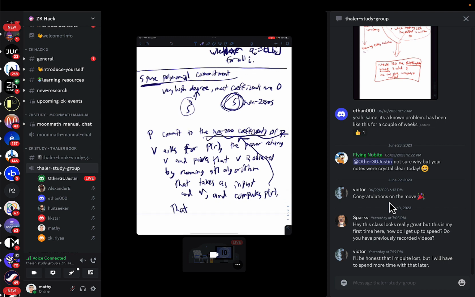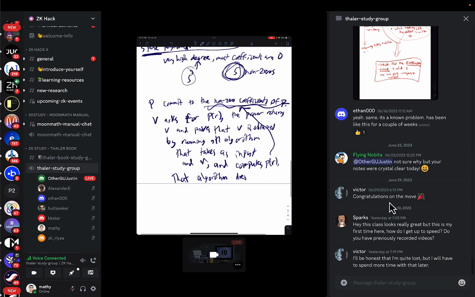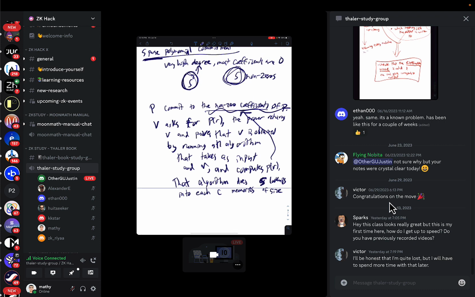That algorithm basically does, if there are s non-zero coefficients, let me just say it does c times s lookups into each of c memories or lookup tables of size, let's say the degree of P is s squared, whatever the degree of P is, to the 1 over c.